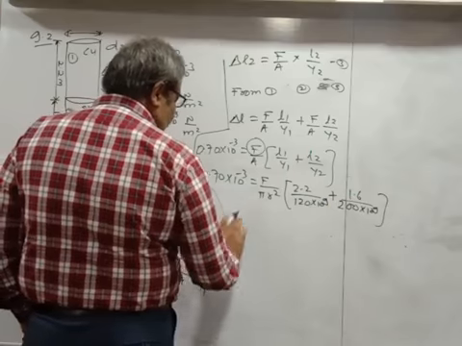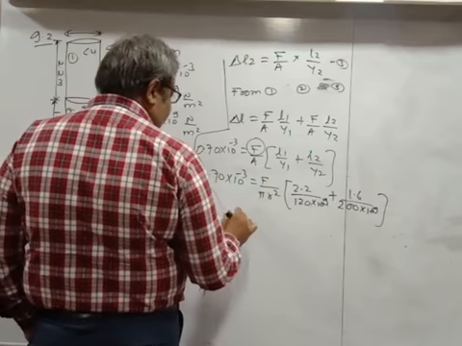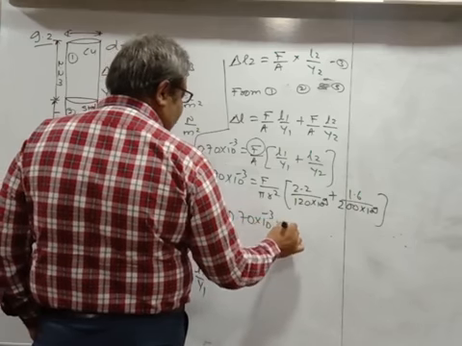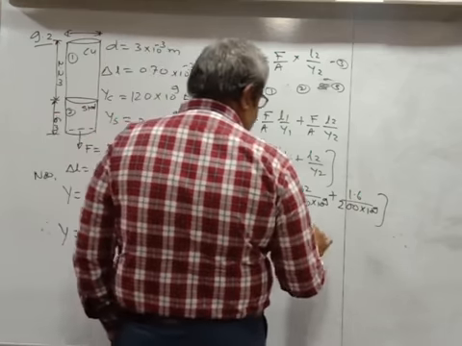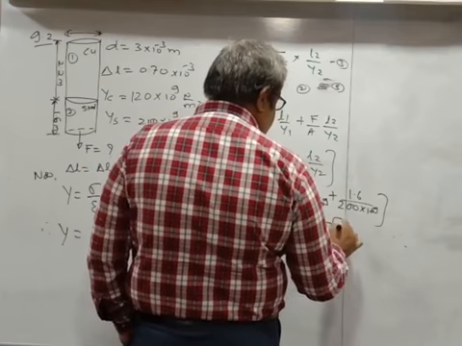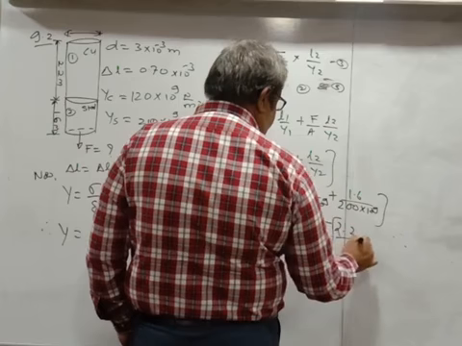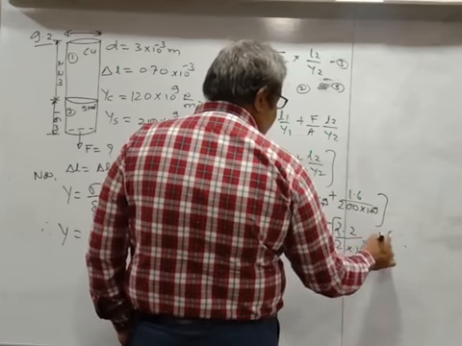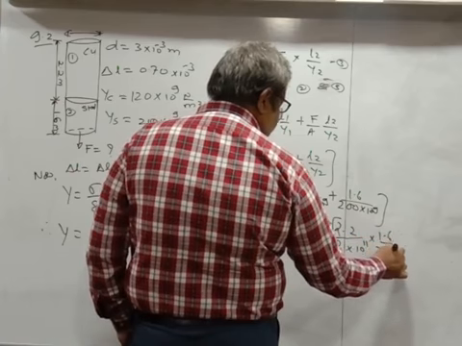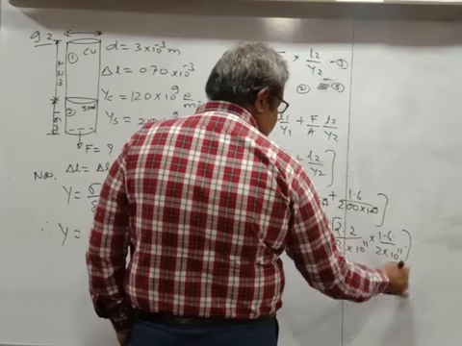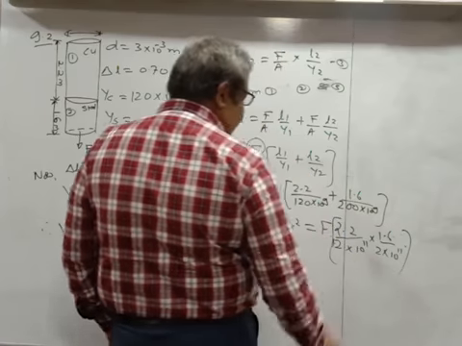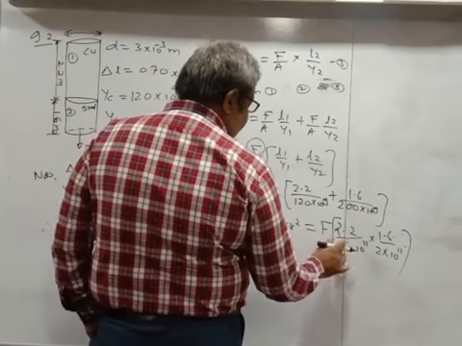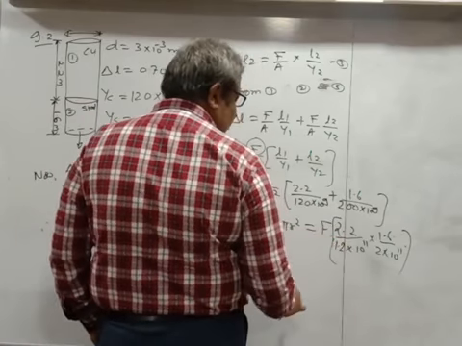So we can say here that 0.70 into 10 raised to minus 3 into pi r square is equal to F. Here 2.2 upon 2 into 10 raised to 11, and here 1.6 upon 2 into 10 raised to 11. I'm sorry, it will be 1.2, not 2, but it will be equal to 1.2 into 10 raised to 11.